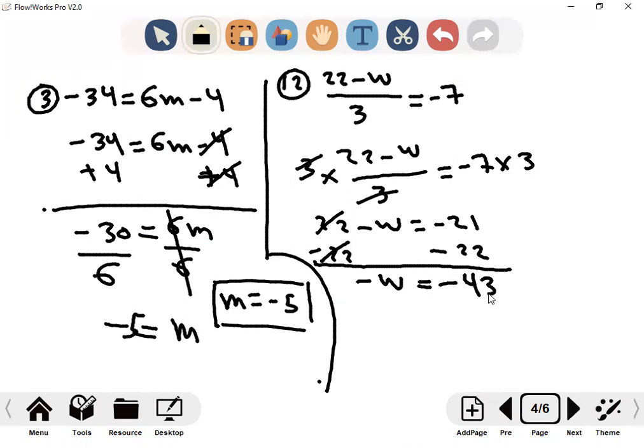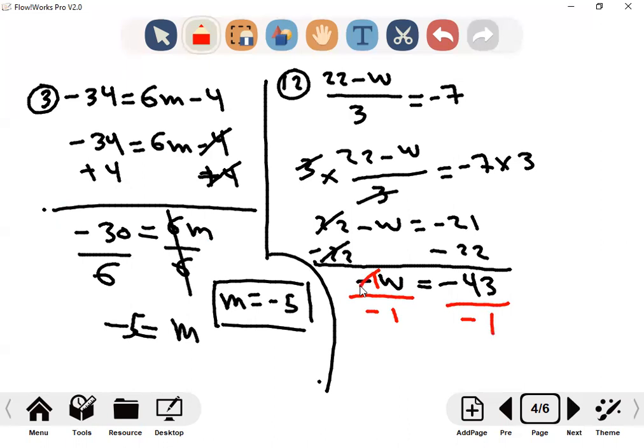Is this the final answer? No, I want W alone. So I need to get rid of this negative beside it. Now, what's the number beside W? 1, with the negative. So there is negative 1 here, but we don't write it. So I will divide both sides by negative 1.